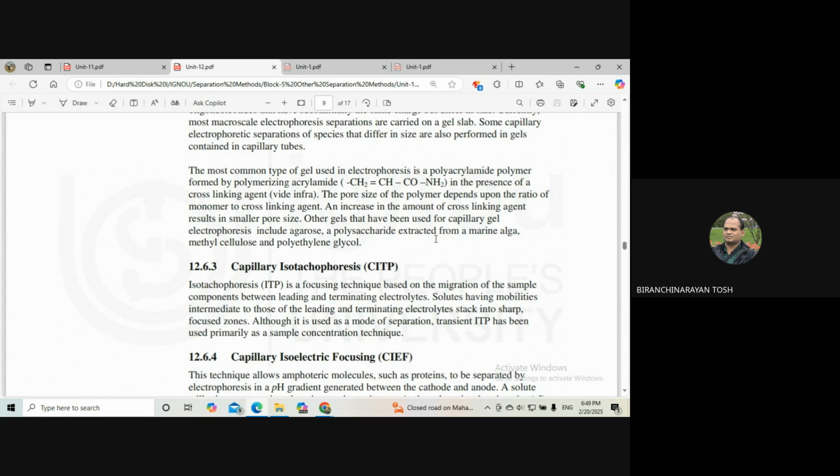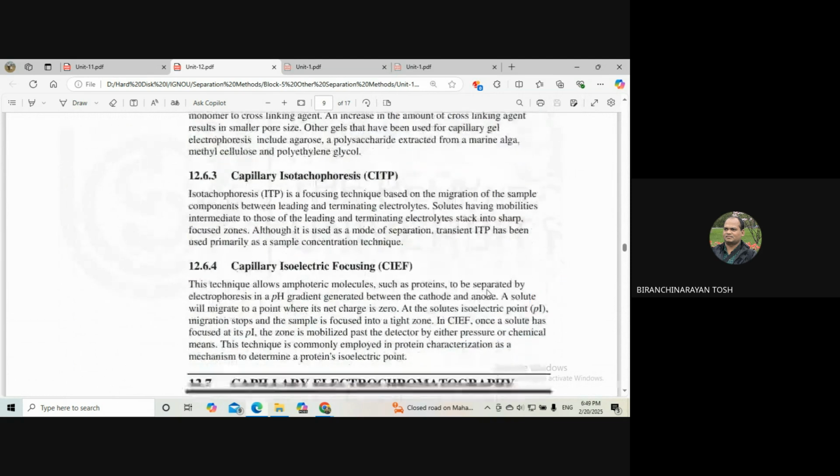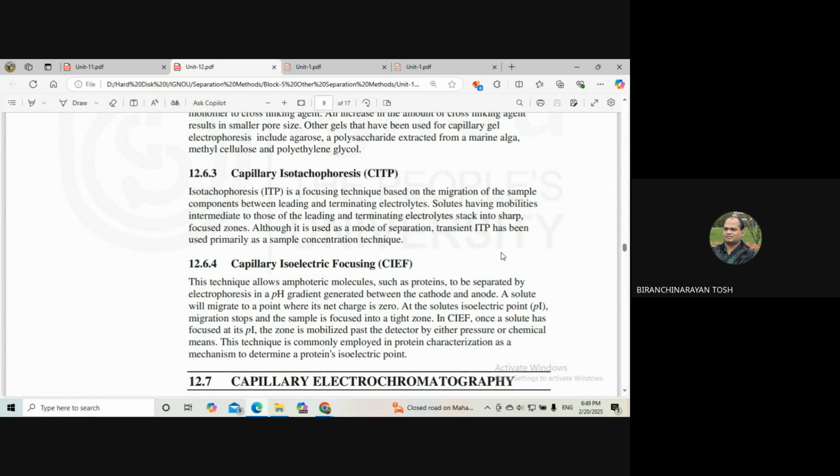Then capillary isotachophoresis. Isotachophoresis is a focusing technique based on the migration of the sample components between leading and terminating electrolytes.